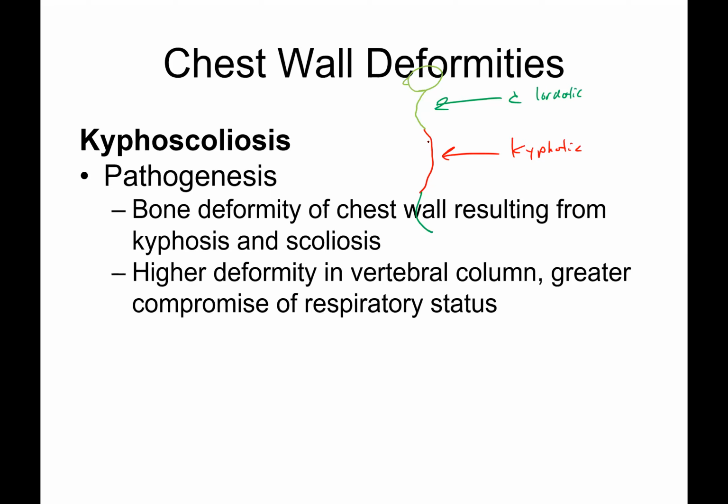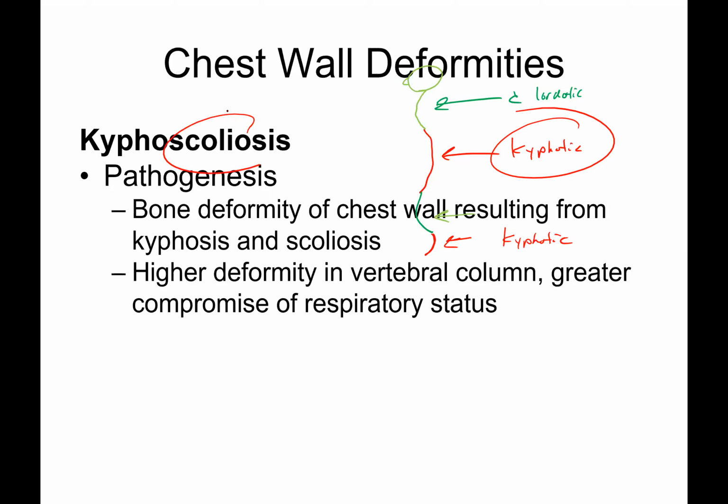A curve in the thoracic spine, a kyphotic curve, and then a curve in the lumbar spine, also a lordotic curve, and then in the sacrum, you find another kyphotic curve. Okay, so that's normal. All right. If this becomes excessive, then it's kyphosis. All right, so it's like a type of hunchback, so to speak.